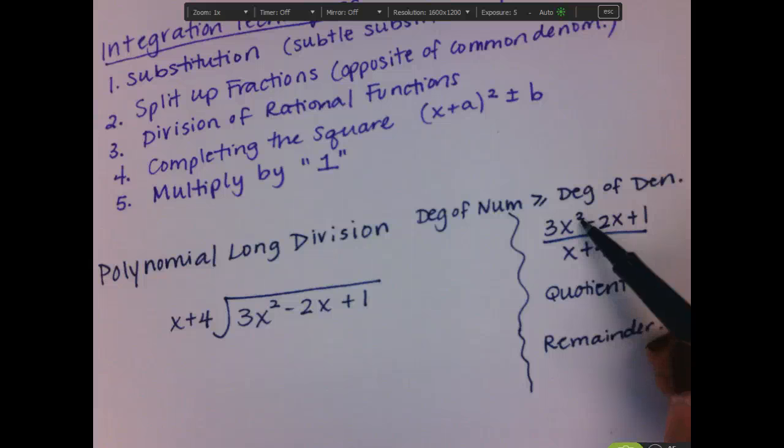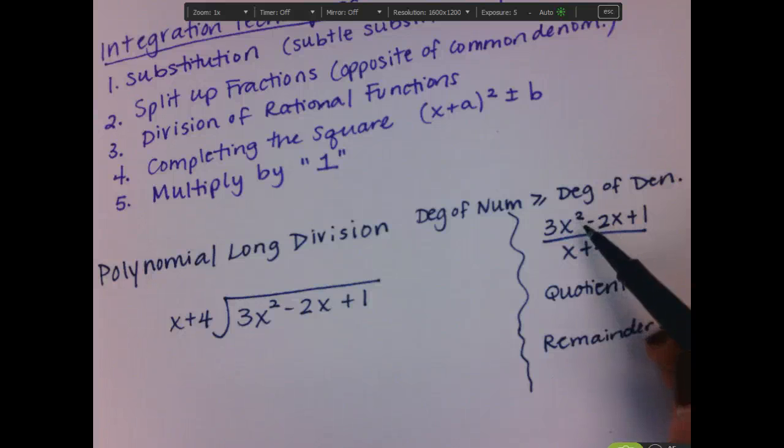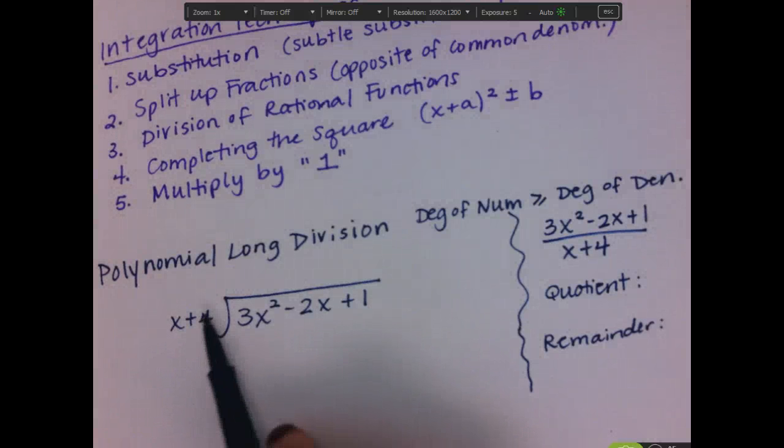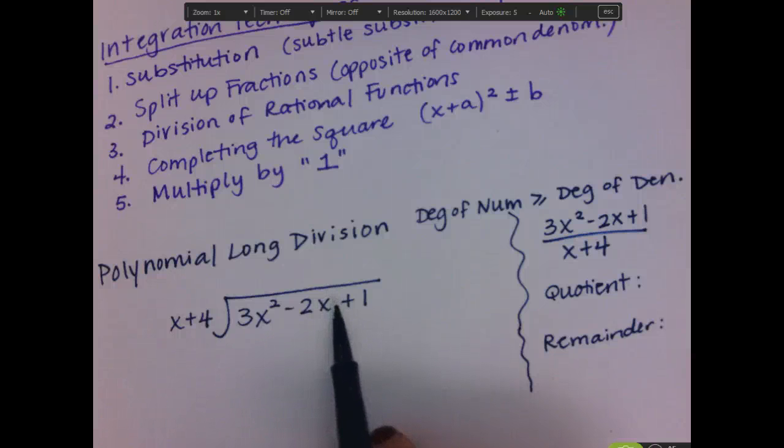So in other words, if my x squared term was on the bottom and my linear x term was on the top, that would not be something that we could divide. So our degree on the top has to be either the same as or larger than the degree on the bottom. Okay, again, some of you may want to pause here and see if you can actually remember how to divide this out. We'll give the answer and then we'll go through the process.